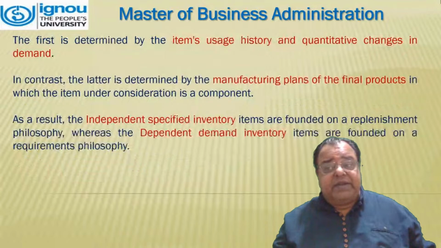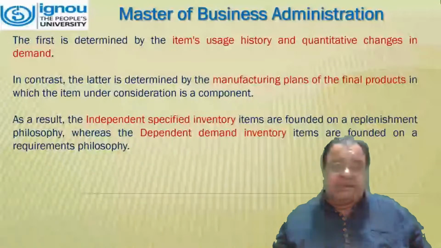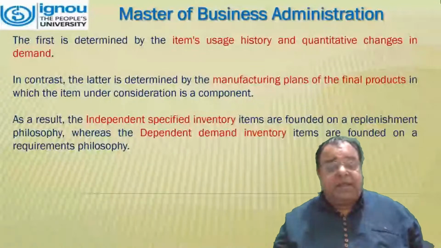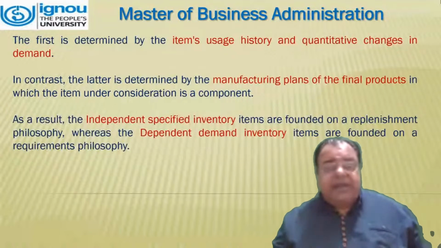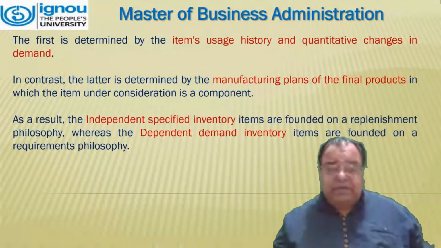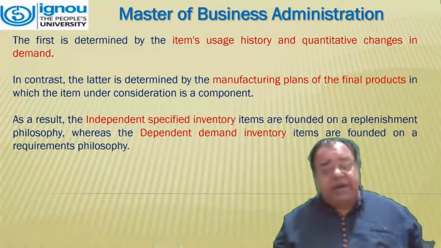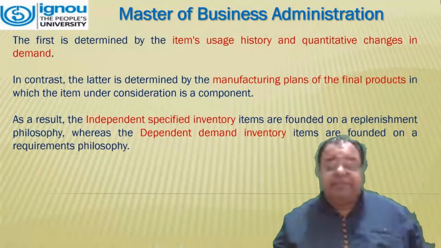In contrast, the latter is determined by the manufacturing plans of the final products, in which the items under consideration are a component. As a result, the independent demand inventory items are founded on the replenishment philosophy, whereas the dependent demand inventory items are founded on a requirements philosophy.